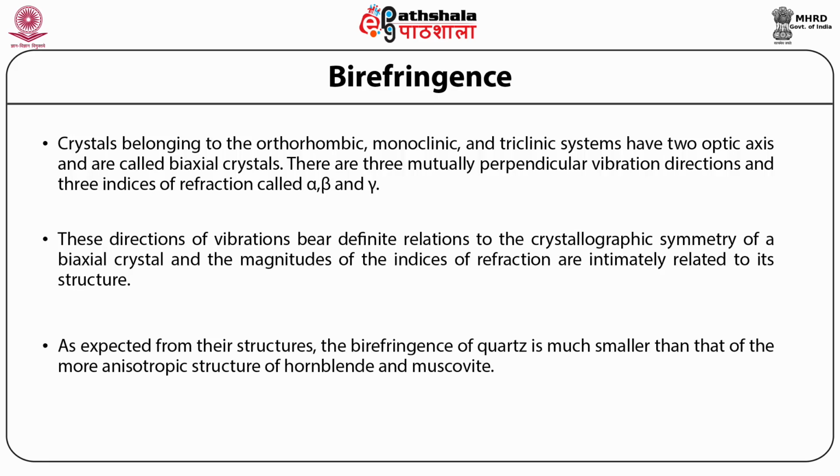As expected from their structures, the birefringence of quartz is much smaller than that of the more anisotropic structures of hornblende and muscovite. Note that the birefringence of biaxial crystals is determined by the numerical difference between the largest and the smallest index.